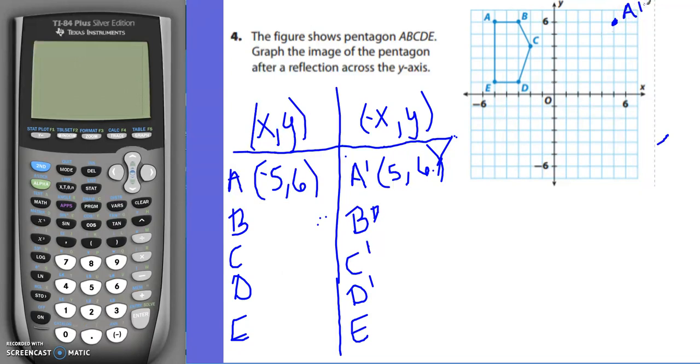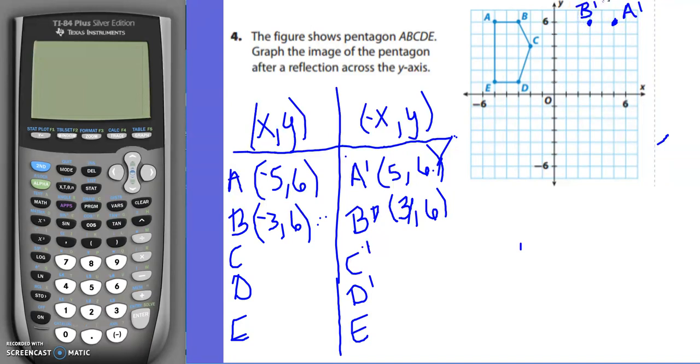Okay, the ordered pair for B is -3, 6. So we go over 1, 2, 3, up 6. The opposite of negative 3 is 3, and we keep the y the same, so we're doing 3, 6. We go over 1, 2, 3, up 1, 2, 3, 4, 5, 6. We call this B prime.